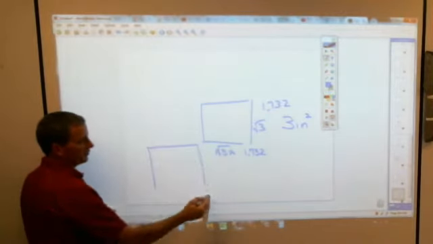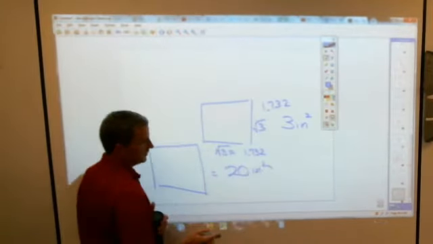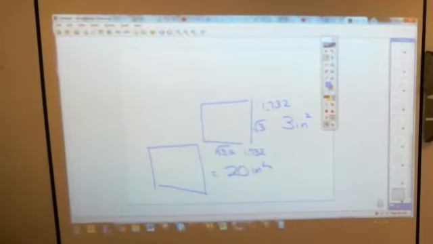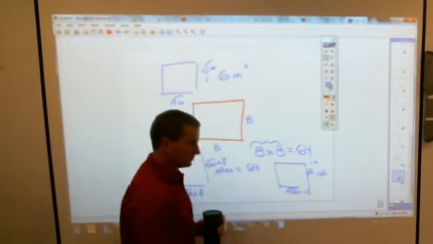Let's try one more. What if my square was 20 inches squared? How long would each side be? Raise your hand if you have no idea. Let's go back to this one and see if we can make the connection.